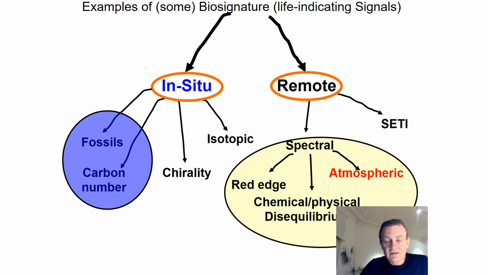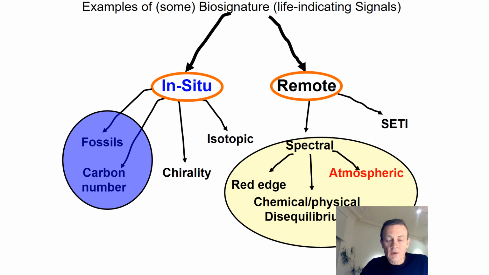On the remote side, you have SETI looking for advanced life signals. The more interesting for my work are spectral signatures in the yellow box. So the red edge refers to the increase in reflectivity of vegetation, of plants. Chemical and physical disequilibrium refers to, for example, Earth's atmosphere, where there are large amounts of methane, which is a reducer, and also present are large amounts of oxygen, which is an oxidizer.